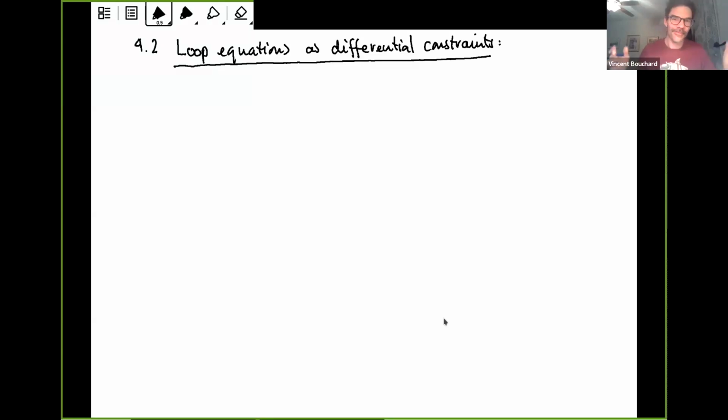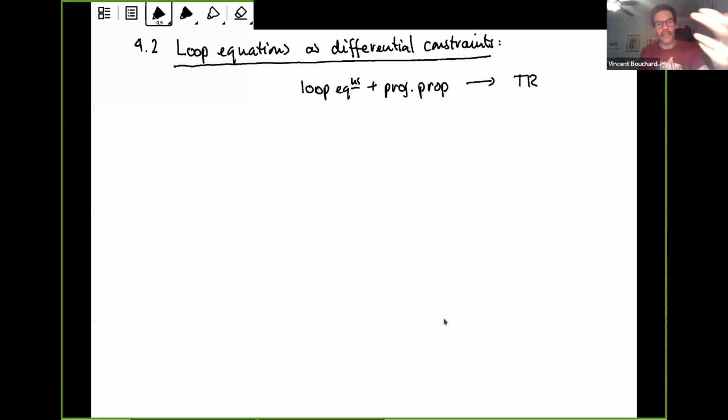So, yeah. Okay, so loop equations as differential constraints. What we've done so far is we've shown that loop equations plus projection property gives rise to topological recursion. To be more precise, what we've shown is that if there exists a solution to the loop equation satisfying the projection property, it is given by topological recursion.